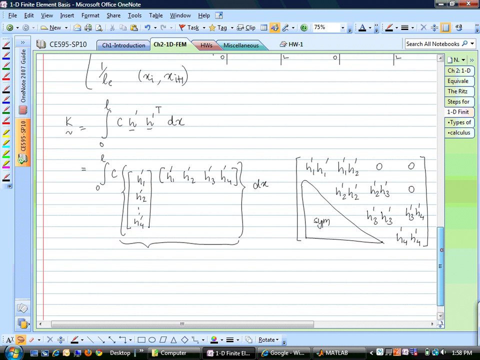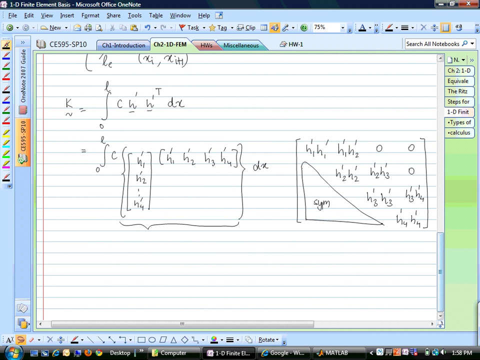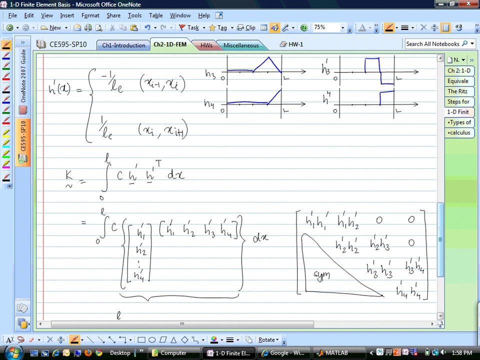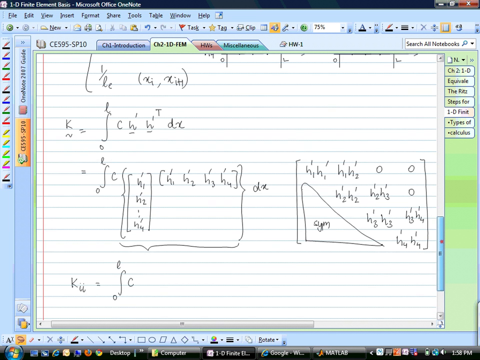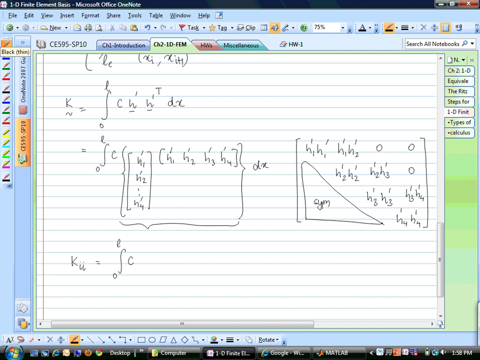And in order to calculate these terms, what we need to calculate is basically KII. If you do that, we can simply write that as integral 0 to L, C, and we know that H prime is what we just calculated here. H prime is minus 1 over LE and plus 1 over LE. So if we write that out, we should also change the limits since the functions are non-zero only in a small region.